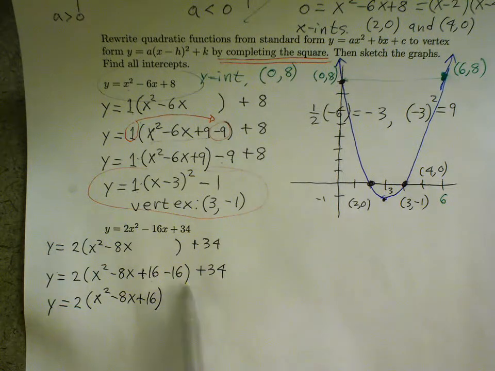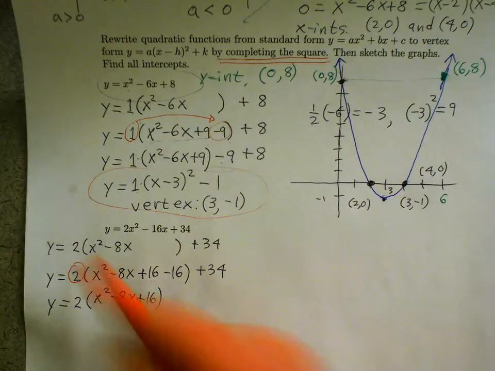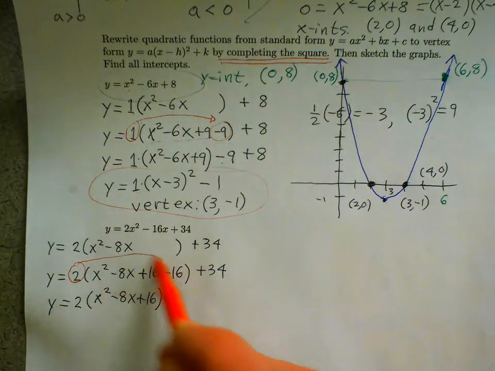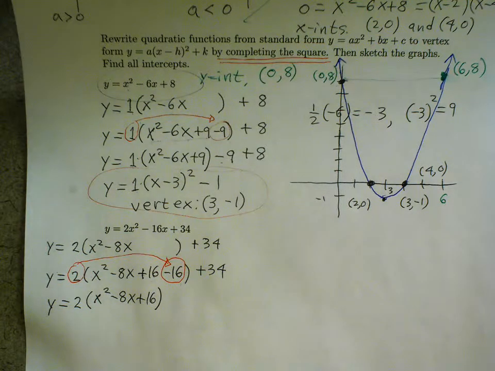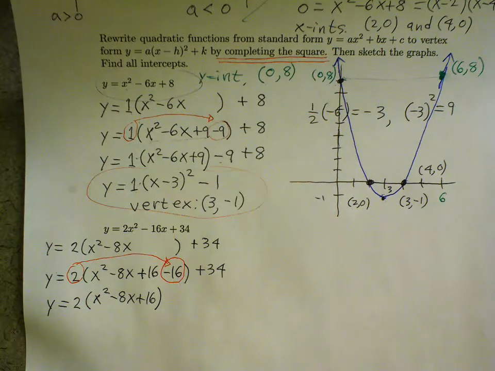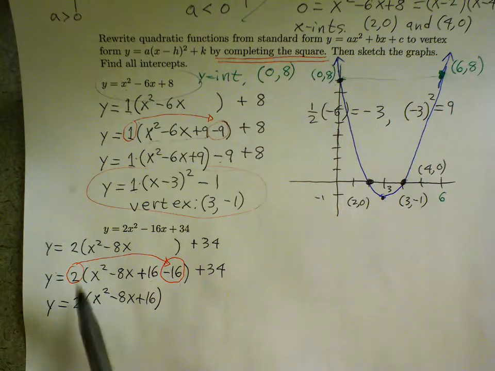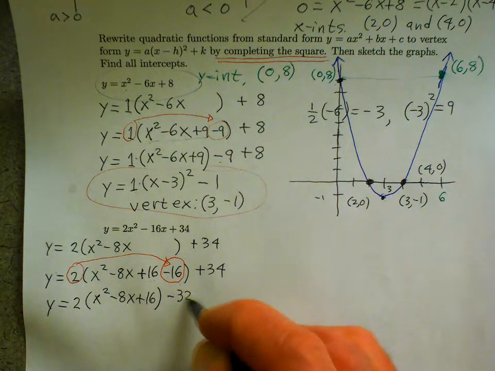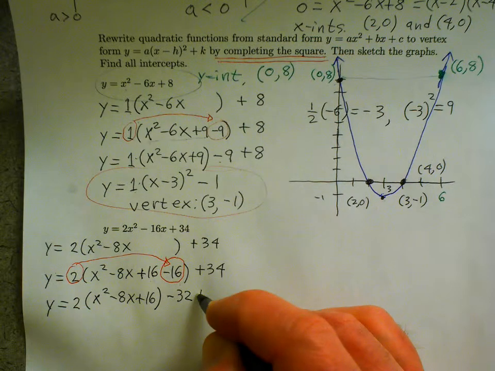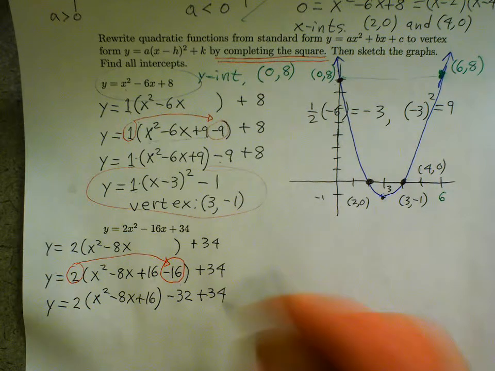But then we apply the distributive property, multiply 2 times negative 16, and put that number on the outside of the parentheses. So 2 times negative 16 is negative 32. So on the outside of the parentheses, we put minus 32 together with the plus 34 that's already on the outside.